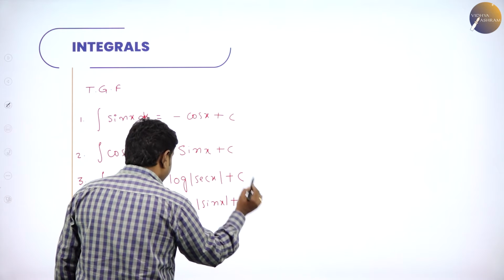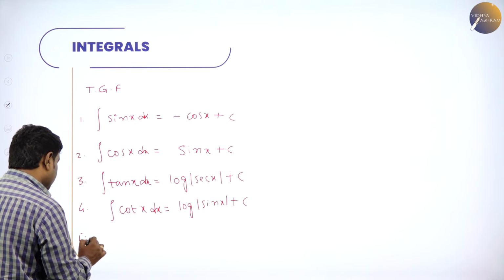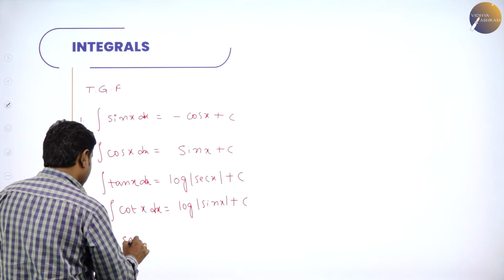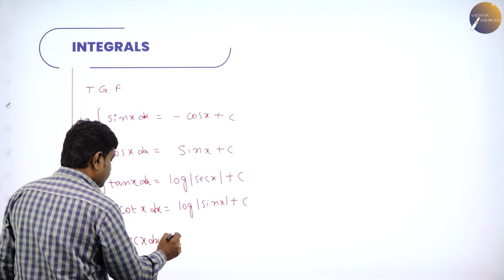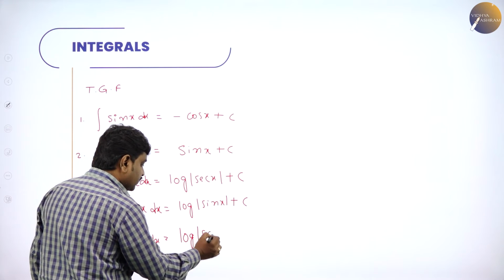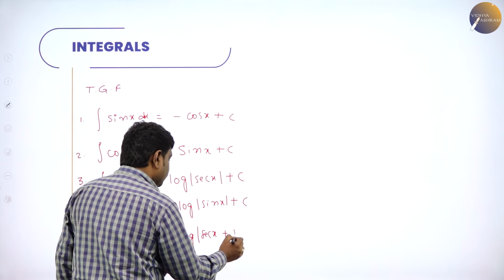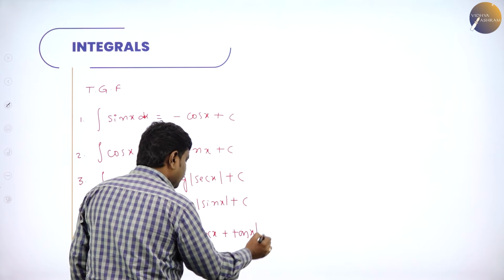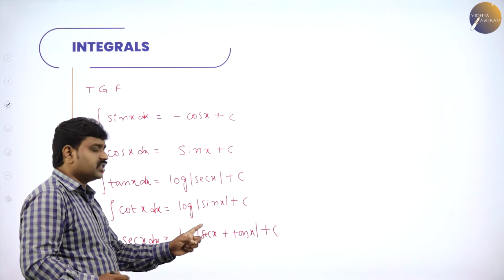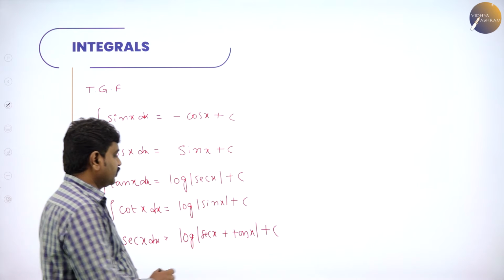And the fifth one, integration of secant x. Interesting. Integration of secant x is log of mod of secant x plus tan x. Now you again take this log of mod of secant x plus tan x and differentiate it, you will get secant x.